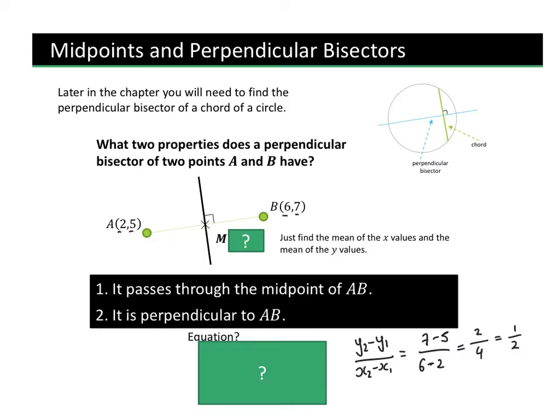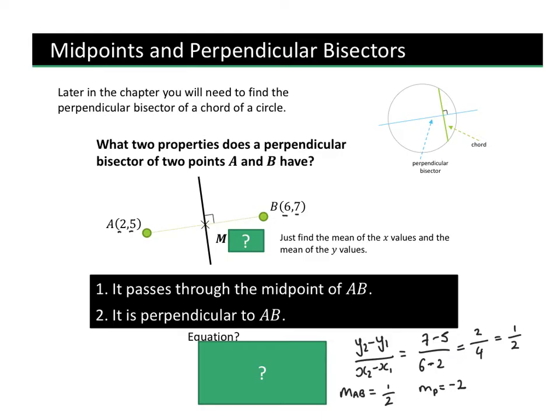So the gradient of the line A and B is a half. The gradient of the perpendicular bisector, and I'm just going to put gradient of perpendicular, is going to equal -2. We should all be very confident with that.